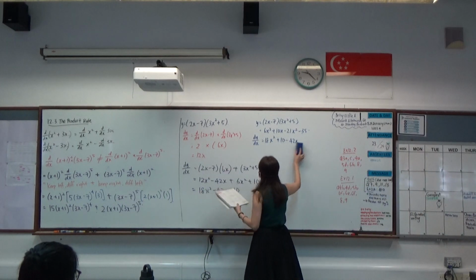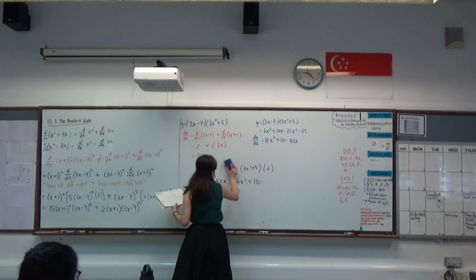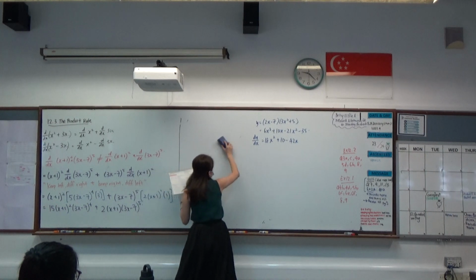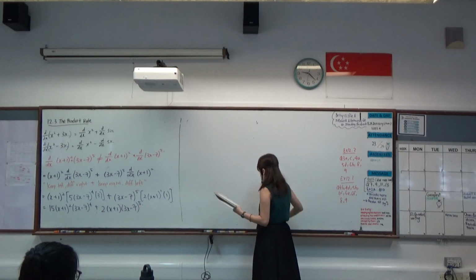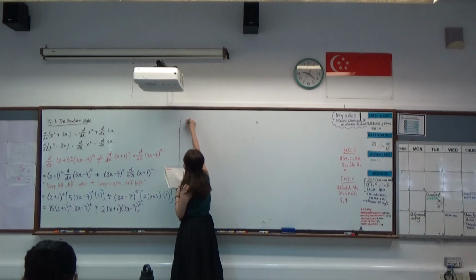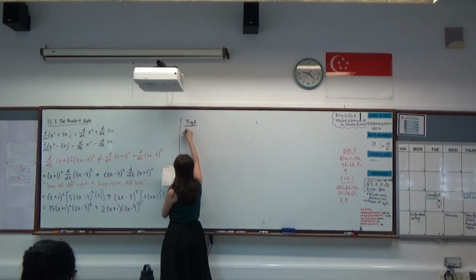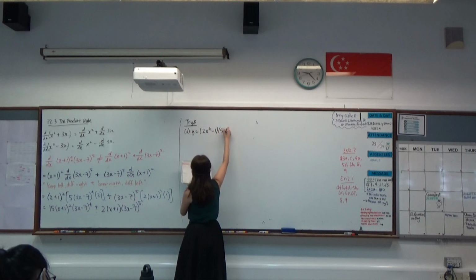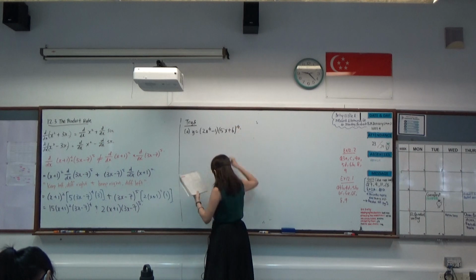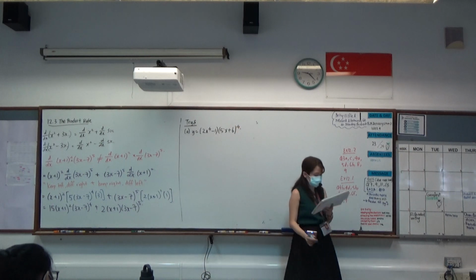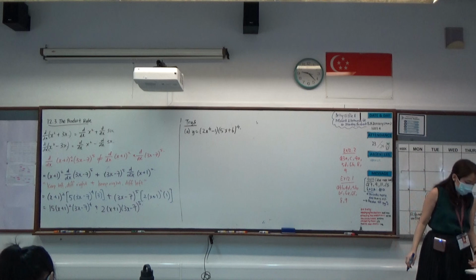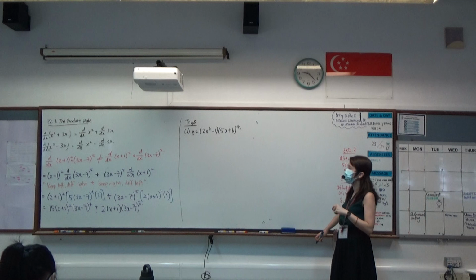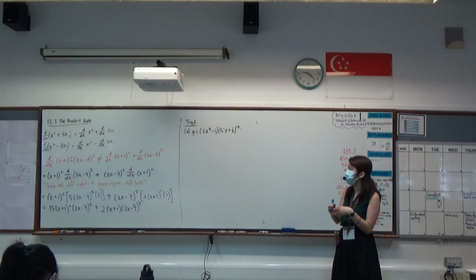Try 8. Okay, so part A, we have y equals 2x to the power of 4 minus 1, times 5x plus 6 to the power of 4.